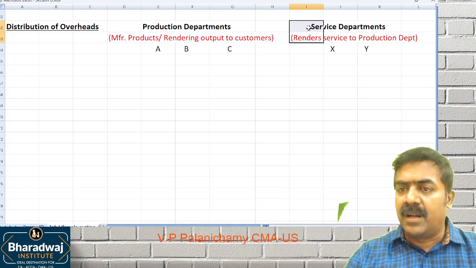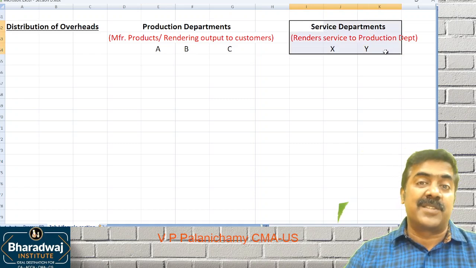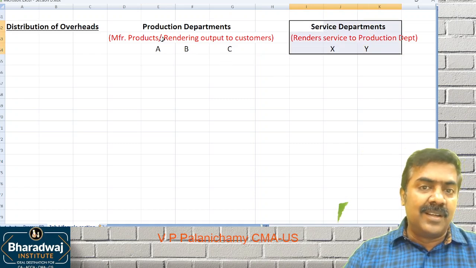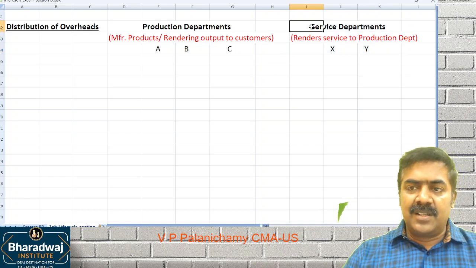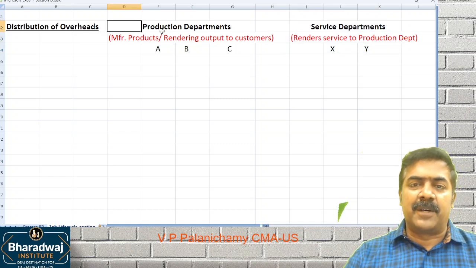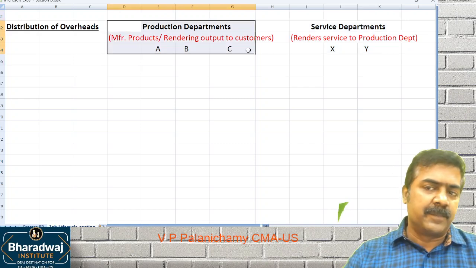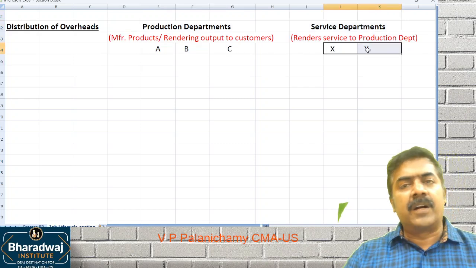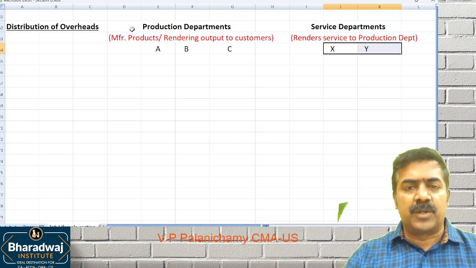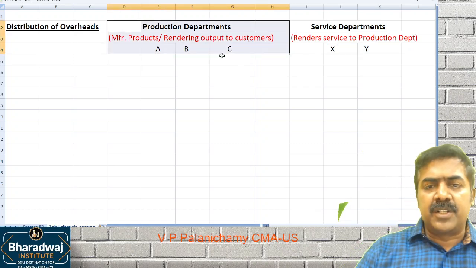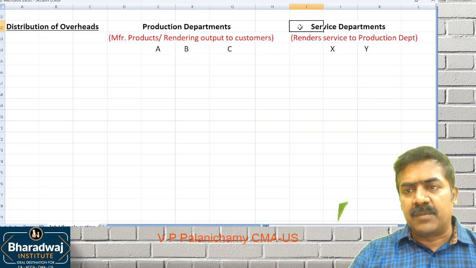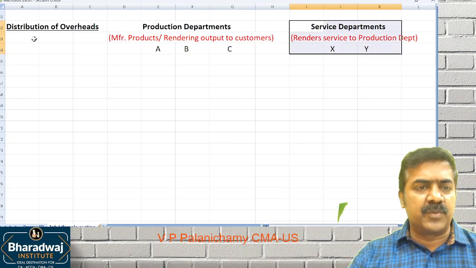So service departments do not render service to external customers. Service department customers are production departments. They are there to work for which department? Production department. There can be one department, two departments, or multiple departments also. So production departments, and which one? Service departments, like that we classify.